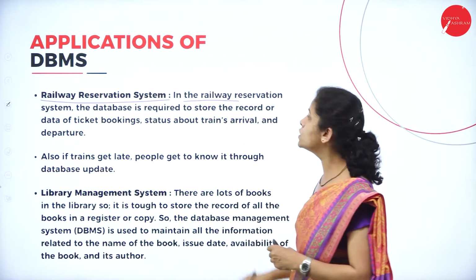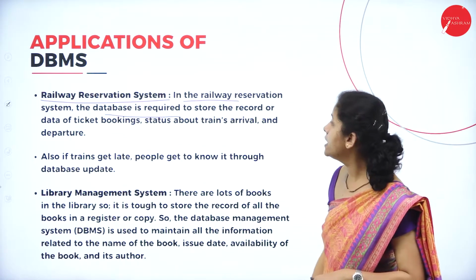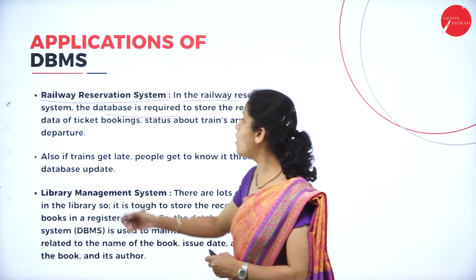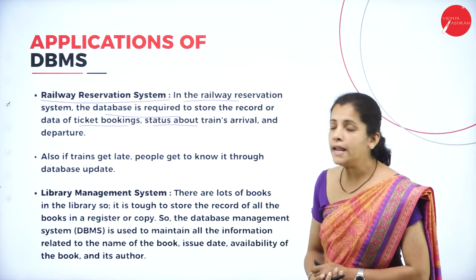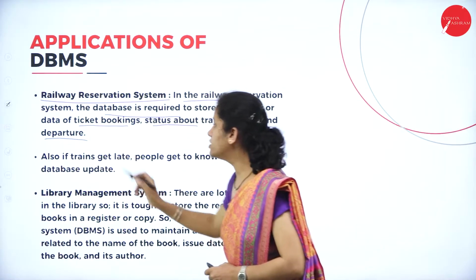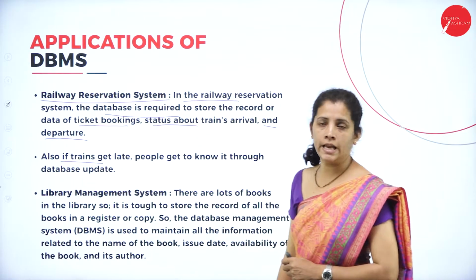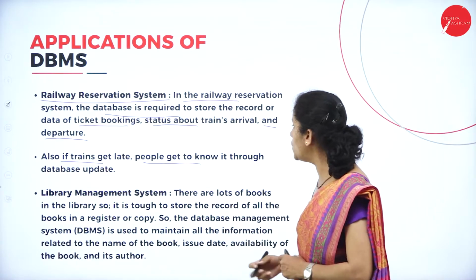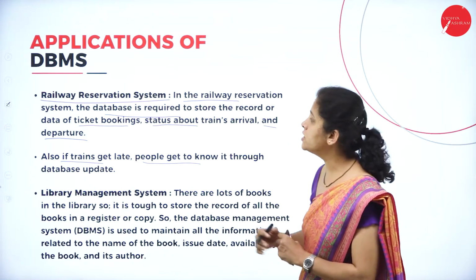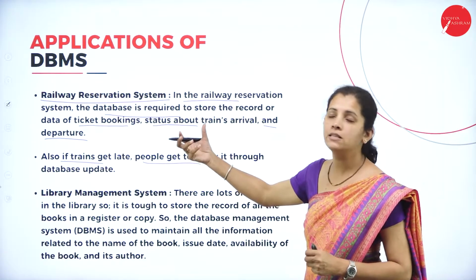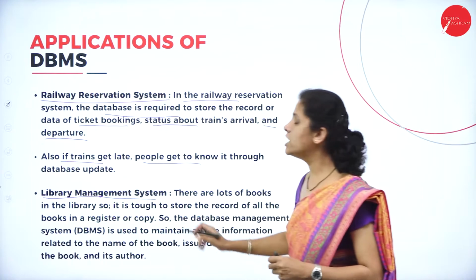In the railway reservation system, the database is required to store the records and data of ticket bookings as well as the status of train arrivals and departures. It's also used if the train gets late, people get to know it through the database update. To store all this information, we use database management system in railways.